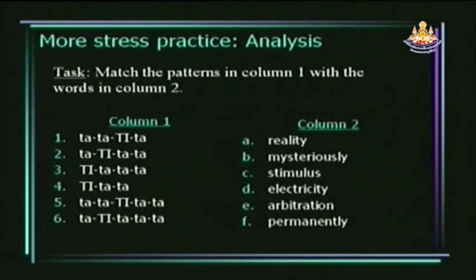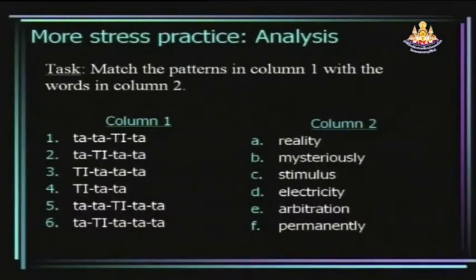A, B, C, D. E, arbitration. Arbitration. Listen, ta-ta-ti-ta. Arbitration. Very good. What about number 2? Ta-ti-ta-ta. Stimulus. Ta-ti-ta-ta. Stimulus. Sorry. So we choose one, the new one. The answer is A. Reality.